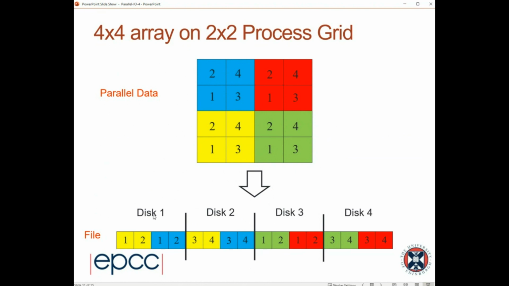What we see is, first of all, it says there's 4 stripes, 4 OSTs, so I'll nominate a process for this stripe, a process for this stripe, a process for this stripe, a process for this stripe. Then the data for this stripe, this disk, will be gathered, that data there, and then written as a single write. The data for the second disk will be gathered, this data here, done in a single write.